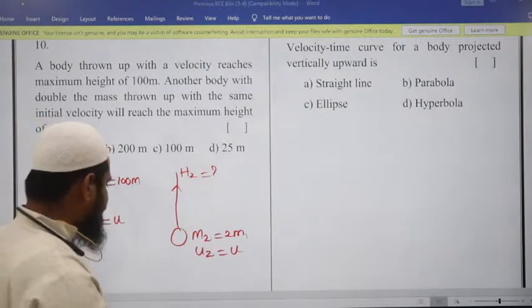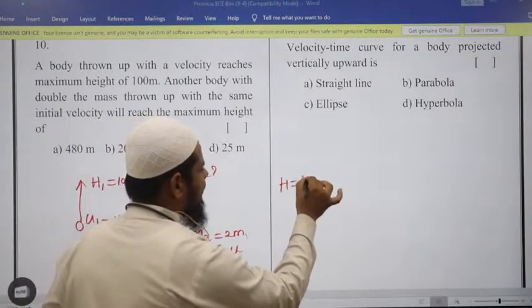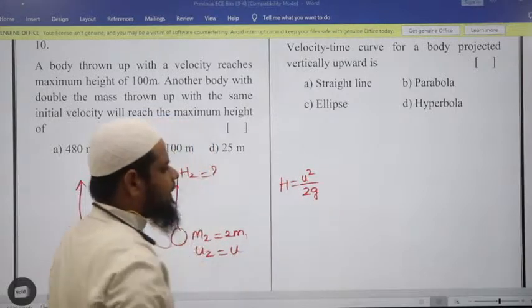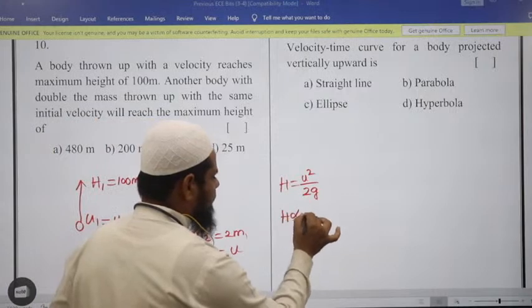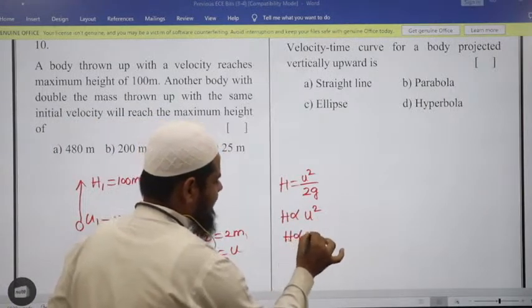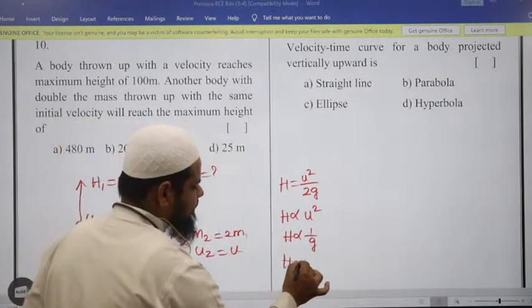You know what the formula for height is? Generally we know that h is nothing but u square by 2g. It means height depends proportionally on velocity of the body, inversely on acceleration due to gravity, but not on mass.